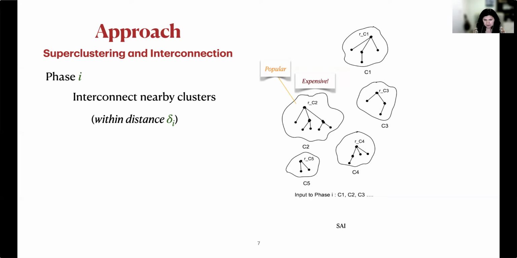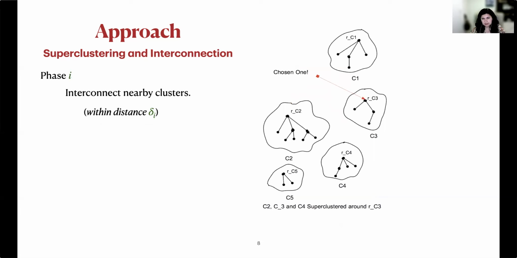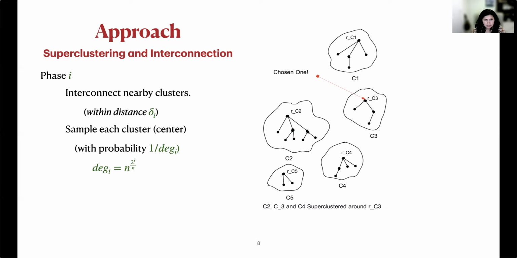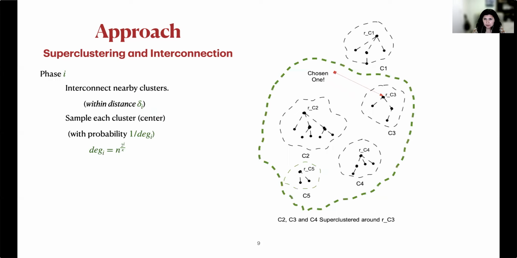So in each phase, the step of interconnecting nearby clusters is preceded by what we call a superclustering step. In the superclustering step, each cluster center is sampled with probability 1 over deg I, where deg I is an appropriately chosen degree threshold. Now, from the set of sampled centers, we build what we call superclusters.